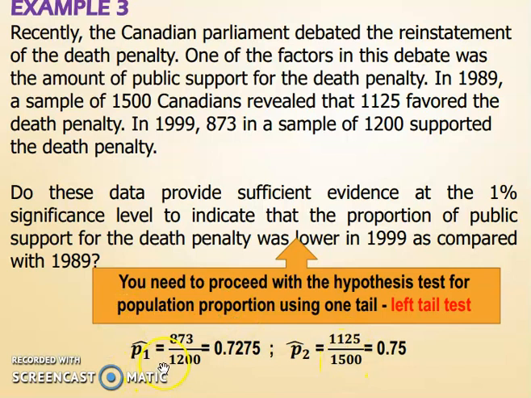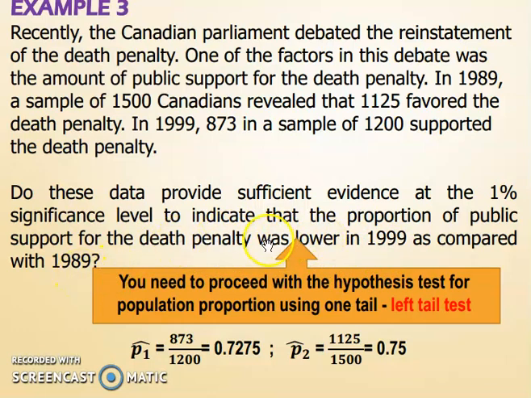This is how you get P1 hat and P2 hat, which are 0.7275 and 0.75. The question is, do these data provide sufficient evidence at the 1% significance level to indicate that the proportion of public support for the death penalty was lower in 1999 as compared to 1989?